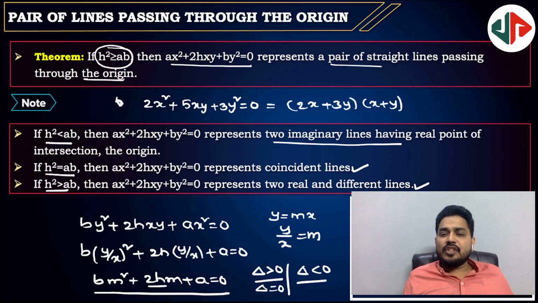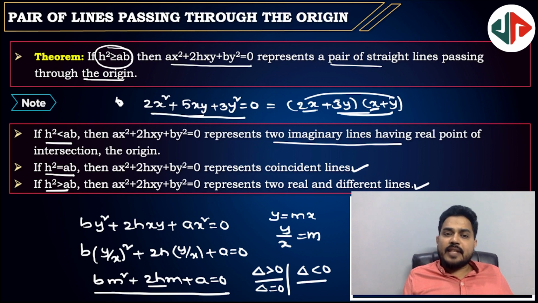Just look here: 2x square plus 3xy plus 2xy, that is 5xy, plus 3y square. So this can be reduced into two different lines. So ax square plus 2hxy plus by square is equal to 0 represents two real lines when h square is greater than or equal to ab.